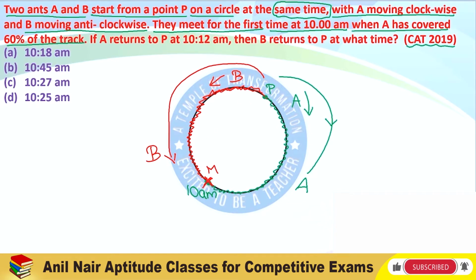From P to M, ant B has covered a distance of 40%, right? So the speed ratio of these two ants A and B is directly proportional to distance ratio, because they both have started at the same time.